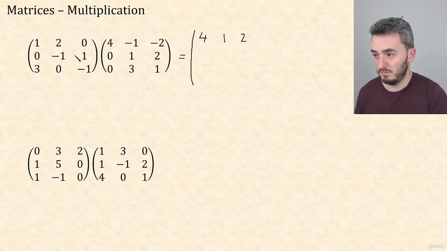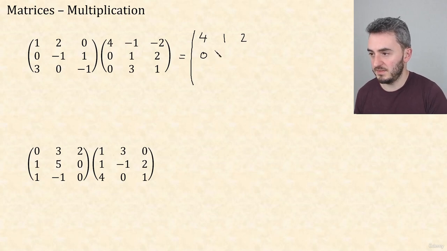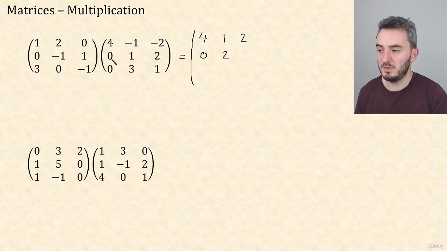0 plus 0 plus 0. Then it's 0 -1 plus 3, and that's 2. And then it's 0 -2 plus 1 -1. Third row, we've got 12 plus 0 plus 0.